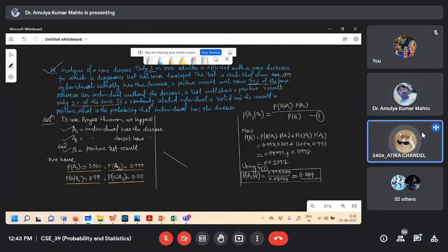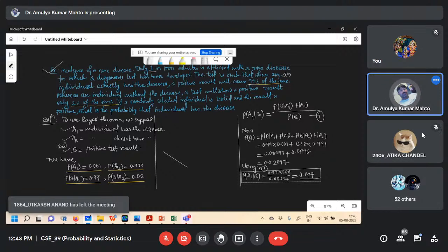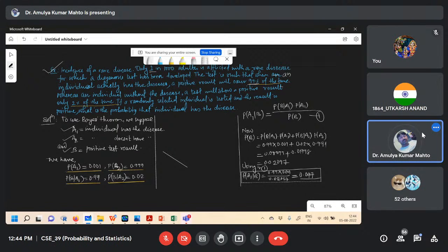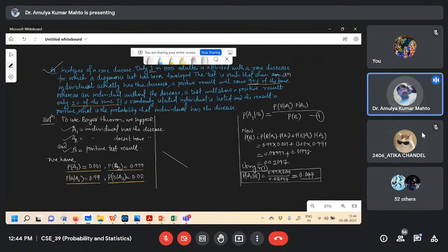Suppose I'm testing 100% who are actually not having that disease, and due to the error in the testing process, that may be due to the testing machine or the way the sample is taken, out of those 100 people who are not actually having that disease, 2% of them are having a positive result.